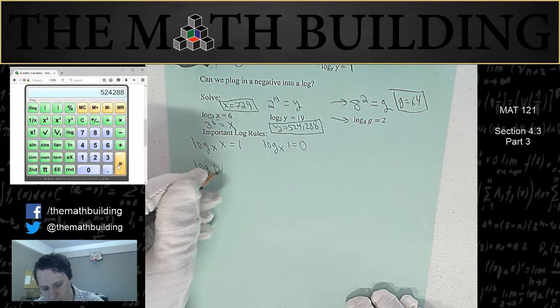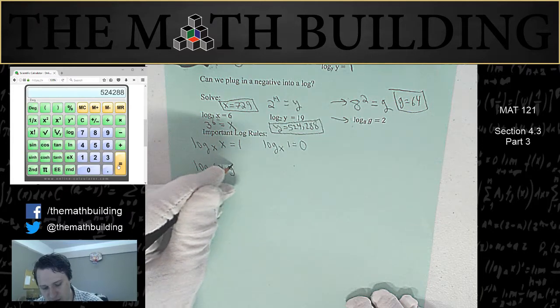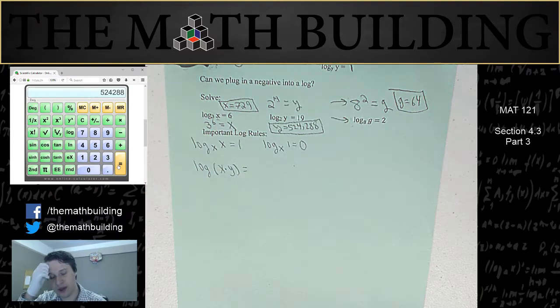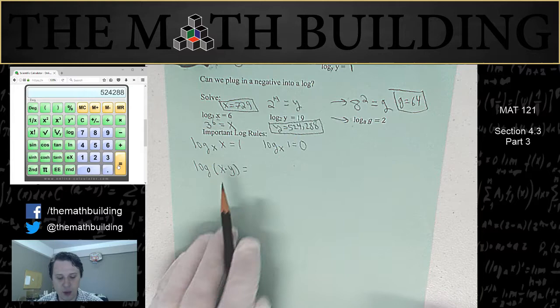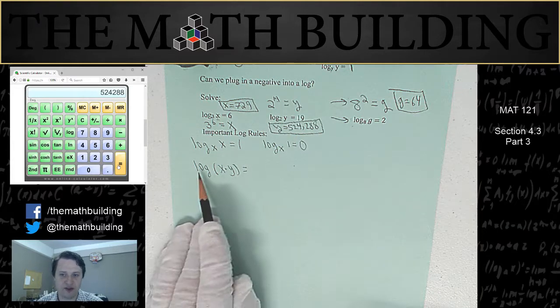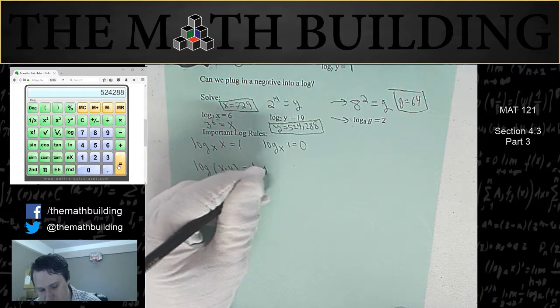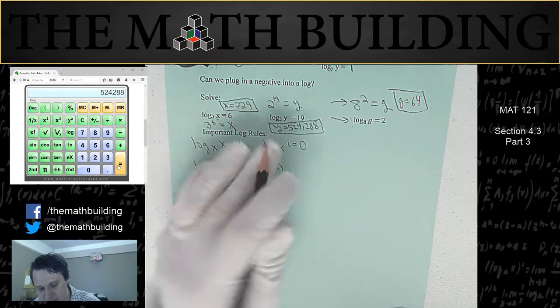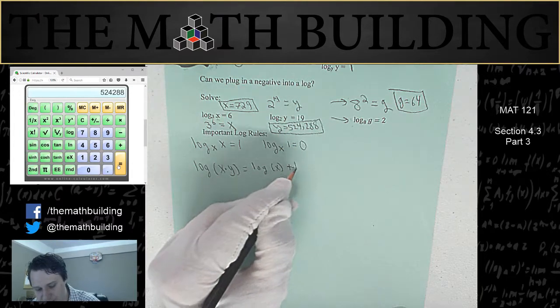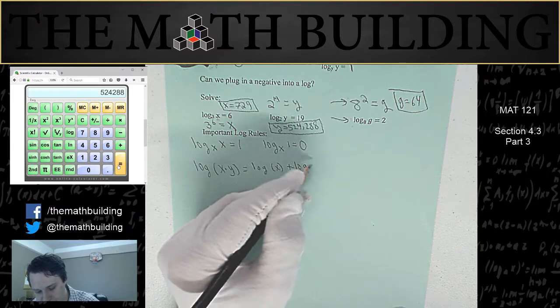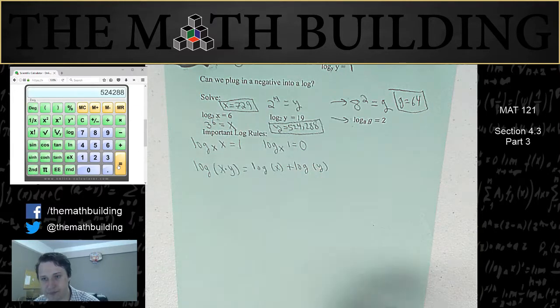Let's say we have a log of two things that are multiplying. Log of x times y. It's actually possible to break this up a bit. We always want to try to get simple stuff inside of logs. Here's how this breaks up. It becomes log of x plus log of y.